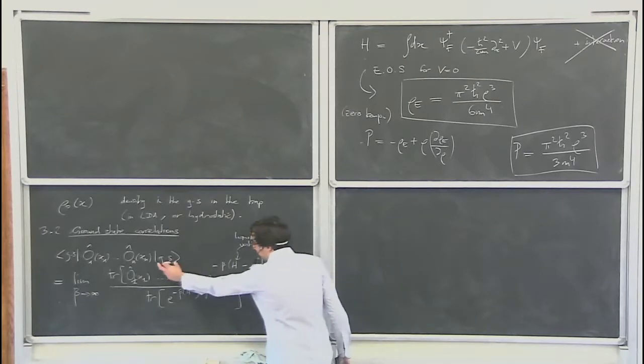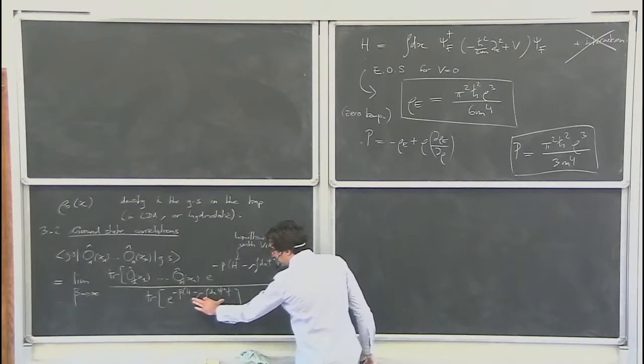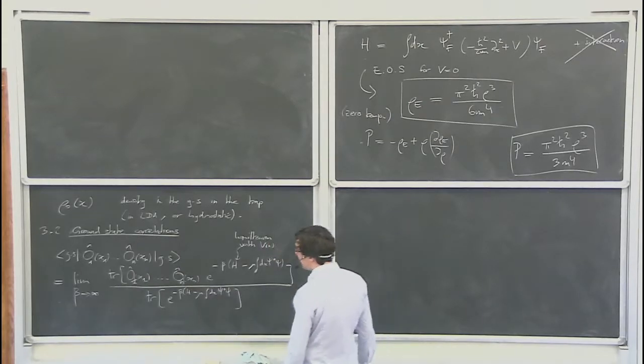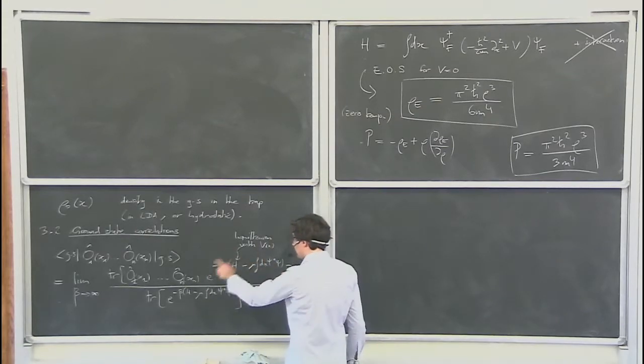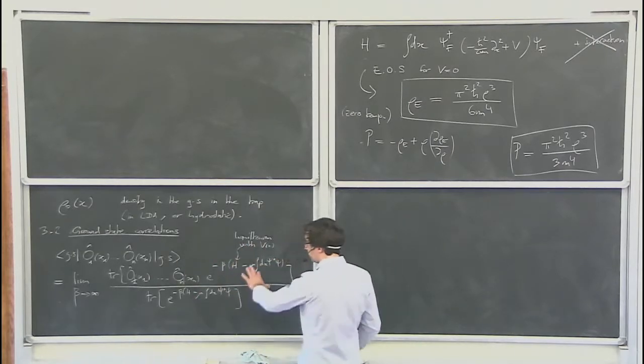So this state is the ground state of this operator, and taking the exponential of minus beta times this operator, taking beta very large, does project onto the ground state.